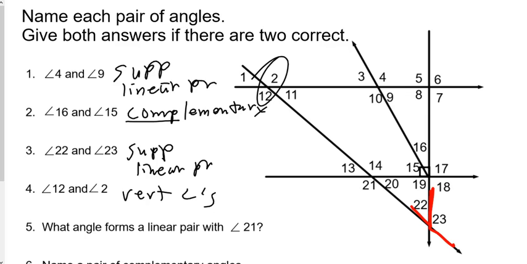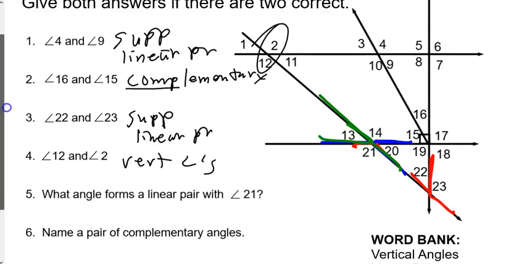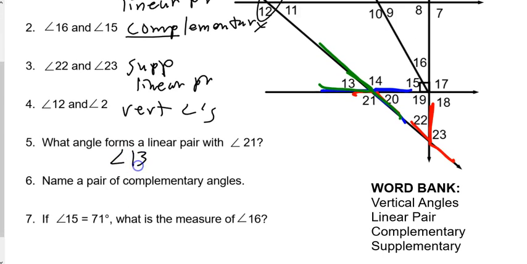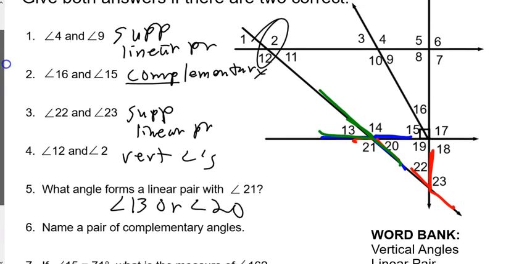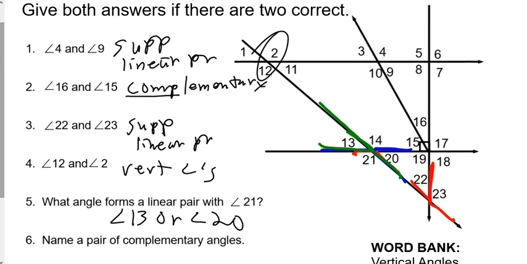What angle forms a linear pair with 21? Well, where's 21? 21 is right here. So like before, we can say 20 makes a line this way, or 13 makes a line this way. So we can say either one. Angle 13 or angle 20. Name a pair of complementary angles. Any ones that make 90 degrees. Okay? But the problem is we need to know 90 degrees. Well, we have a whole bank of them up here. Those intersect 90 degrees.